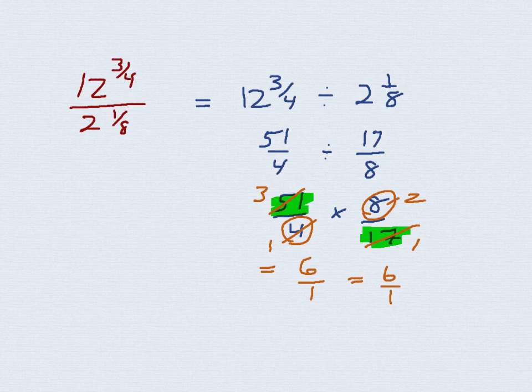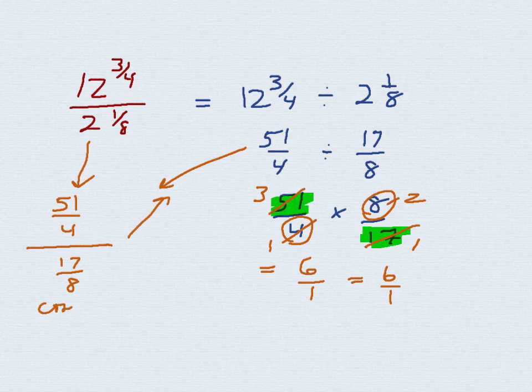Okay, this question here could also have been written 51 over 4 divided by 17 over 8. Maybe down like this. Then maybe you would have converted it up to here. This is called a complex fraction because it's a fraction within a fraction.